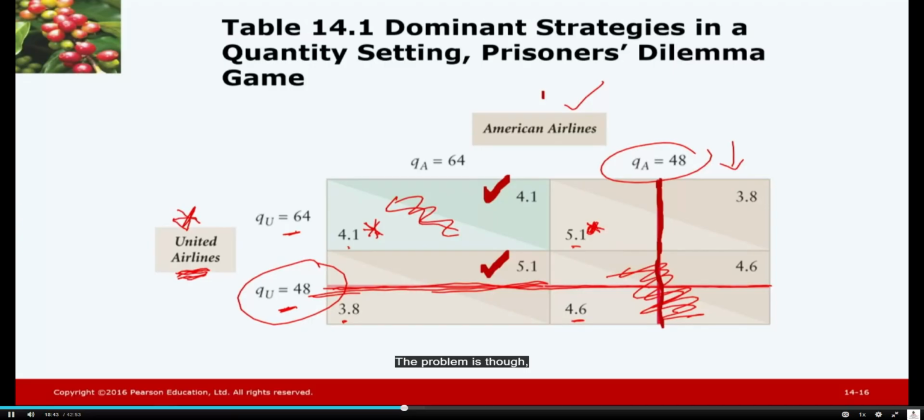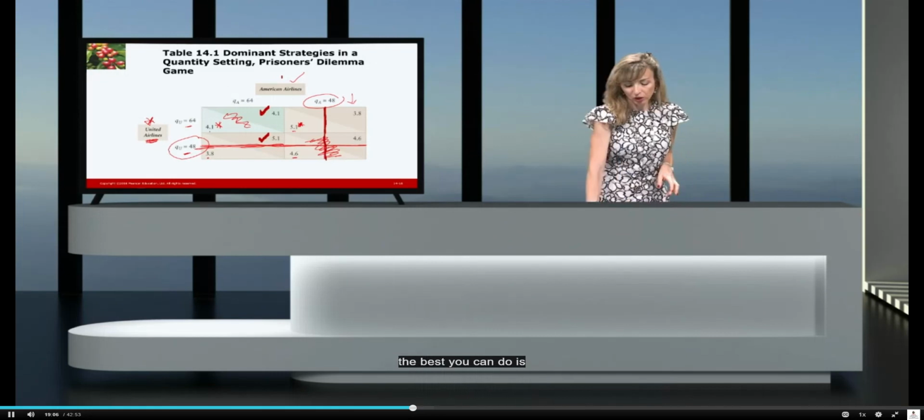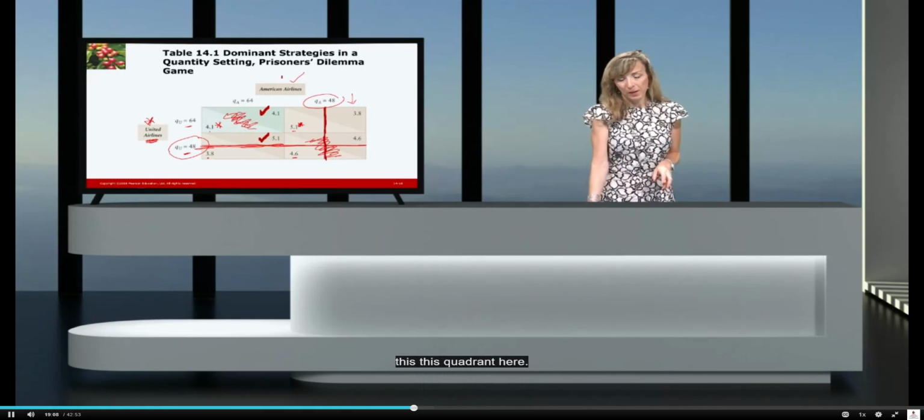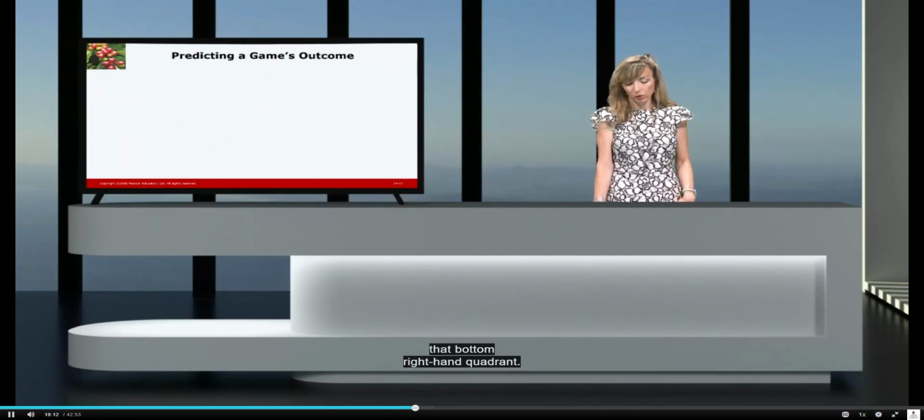The problem is that without collusion or an explicit contract, an agreement to both reduce output, there's this lack of trust. If you don't trust your rival, and you end up producing a lower output, and they produce a higher output, your profits won't be as great. So without trust, the best you can do is this quadrant here. But if you were able to collude, you would move to that bottom right-hand quadrant.